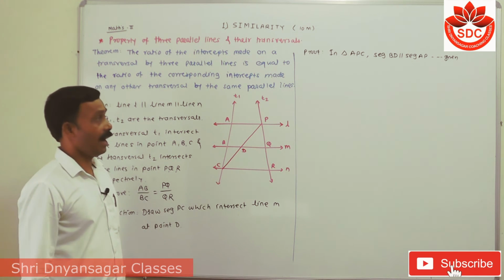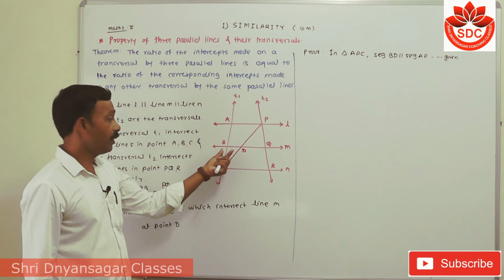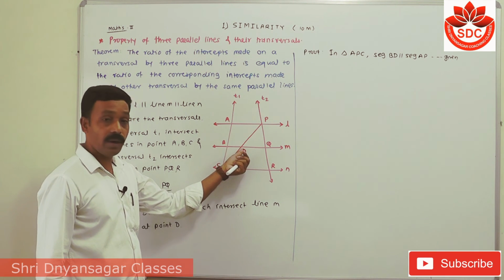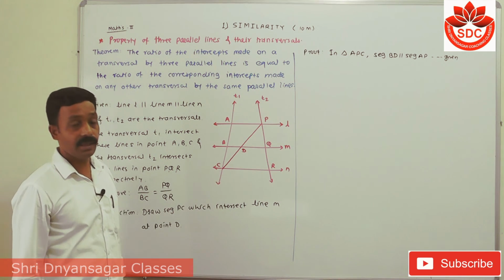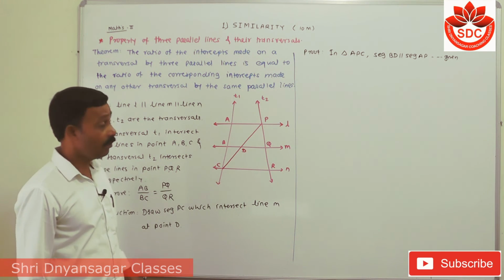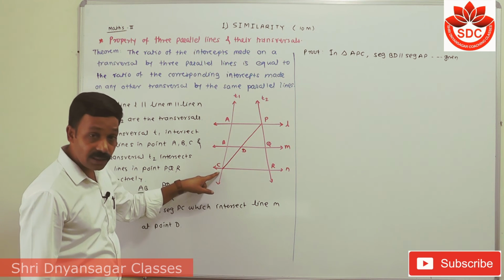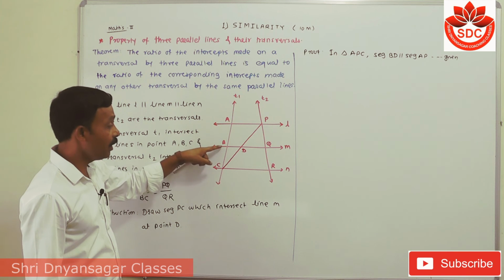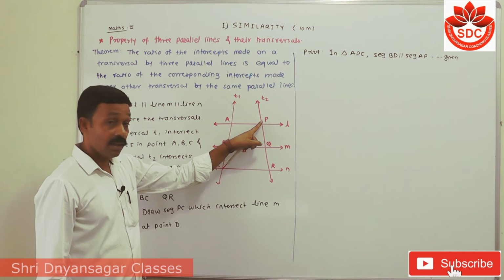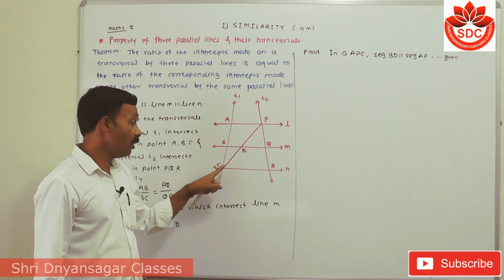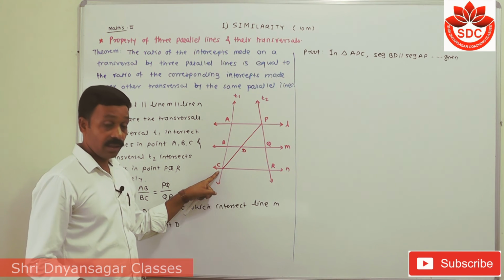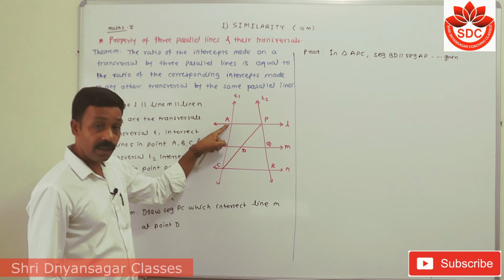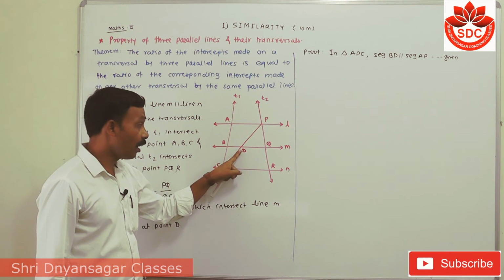Now student, we know that in any triangle, if a line segment is parallel to a side and intersects the remaining two sides in two distinct points, then we use the basic proportionality theorem. So by using it, if you start from point C, then we write CB upon BA is equal to CD upon DB.